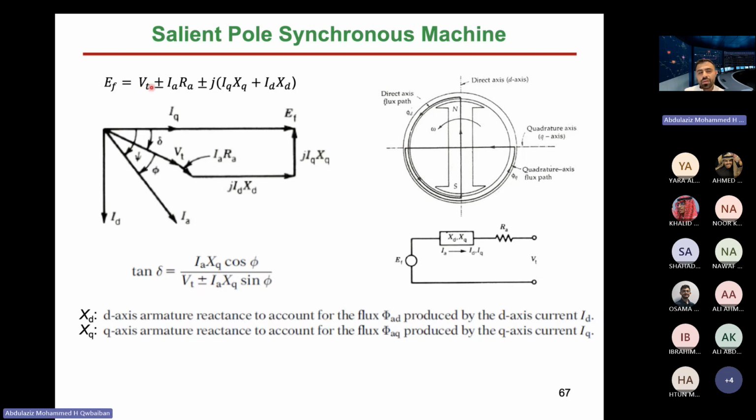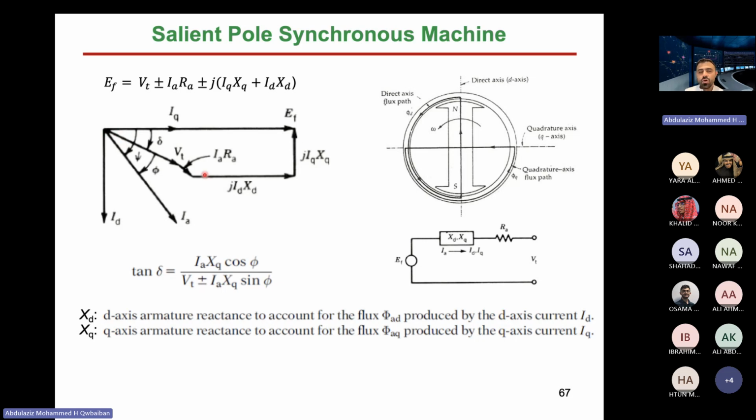So if you ignore RA, let's say that we ignore RA, we will have the phasor diagram to be VT plus jIQ plus jID, so that jID is 90 degrees away from ID and jIQ is 90 degrees away from IQ.